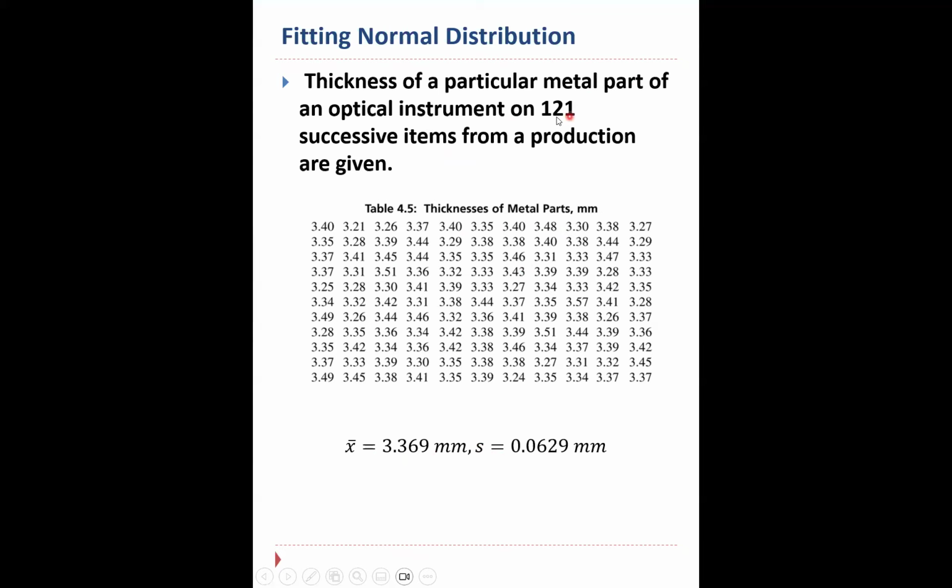We will later explore that a sample of size 121 is a reasonable representative of a population. So therefore, S and sigma are not going to make any difference in calculations. So for this distribution, let's assume that the thickness of metal parts conforms to a normal distribution about the mean value x bar, which also signifies that it is a sample.